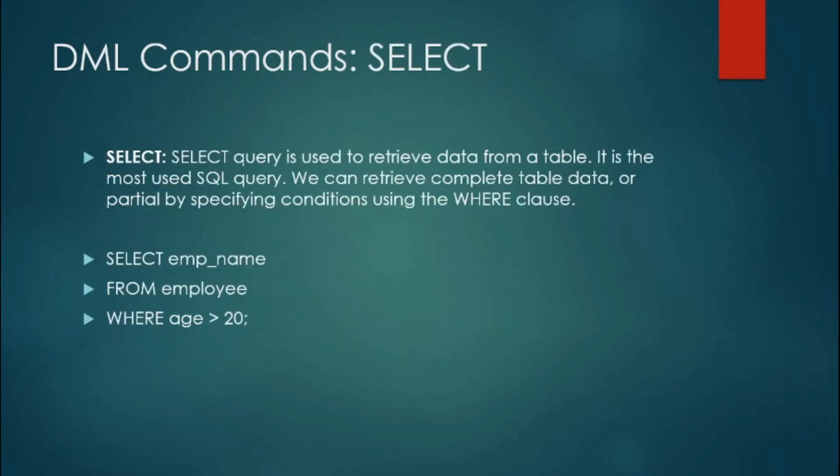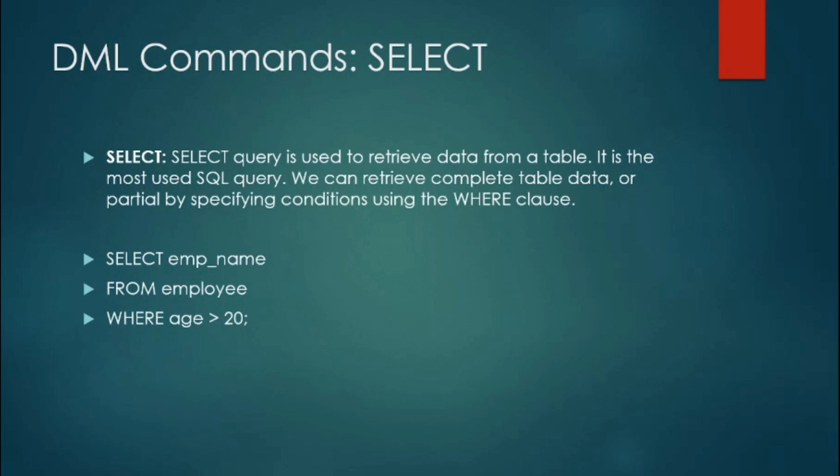Now we have the select statement. The select statement helps you to retrieve data from a table. If you use a command like select star from table name, it will fetch all the rows from the table, as you have applied the star.